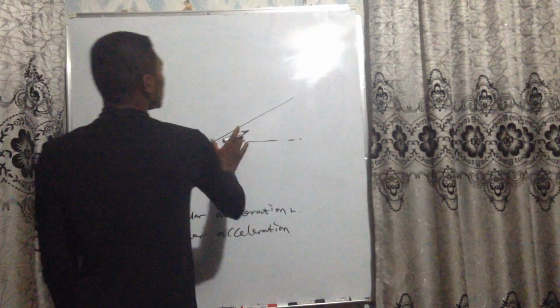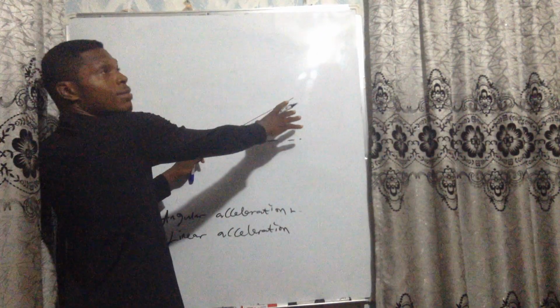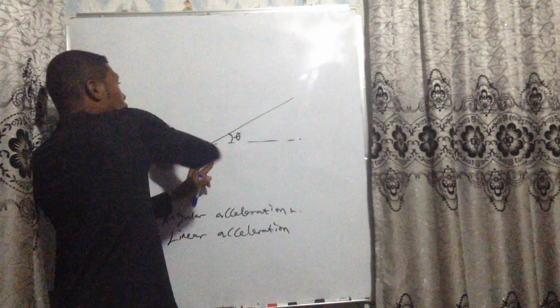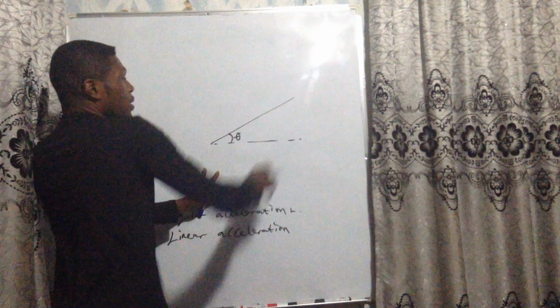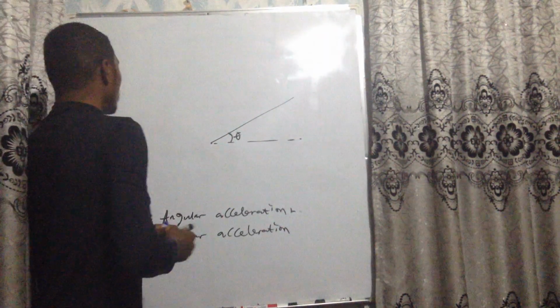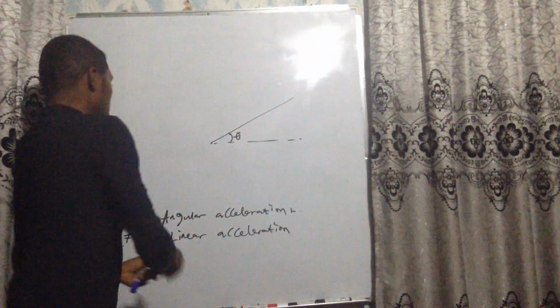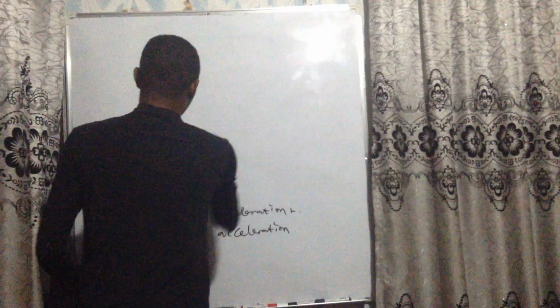That is an elevated what? An elevated ground. A car moving round this elevated ground, like the ground is inclined at an angle theta to the horizontal. So that is the one I will consider later. But before that, I will give you some questions to solve on this.